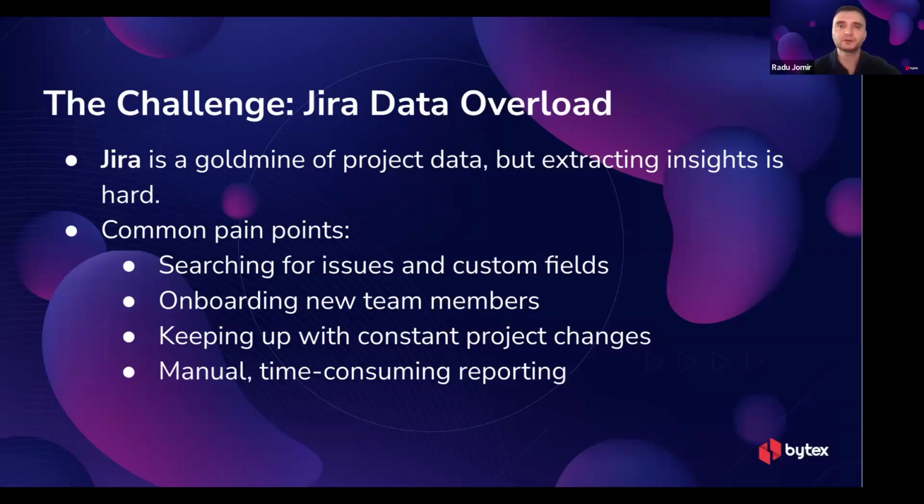When you need to find all Java issues with a budget under 5,000, for example, or when you are onboarding a new team member who needs to understand the current project status, you are often stuck manually searching through tickets, filtering by different criteria, and piecing together information from multiple places. So it's really time-consuming, error-prone, and frankly, not very user-friendly. So this is exactly the kind of problem that AI can solve.